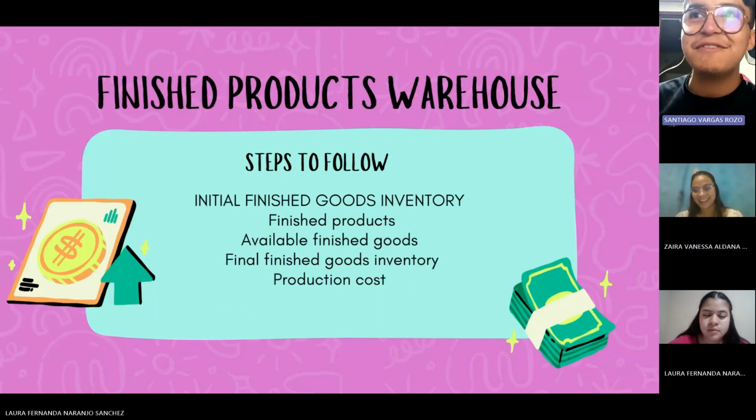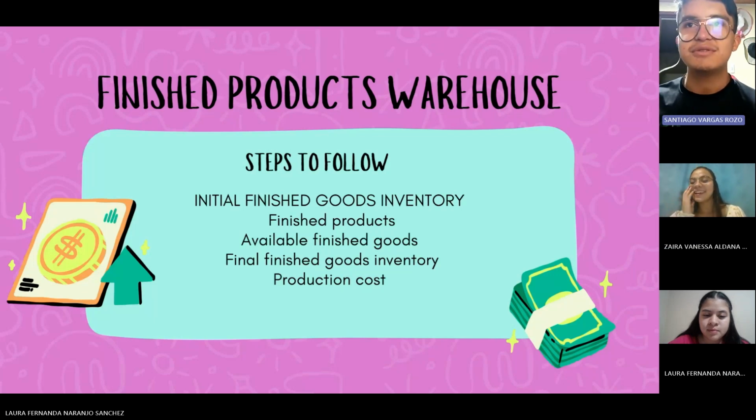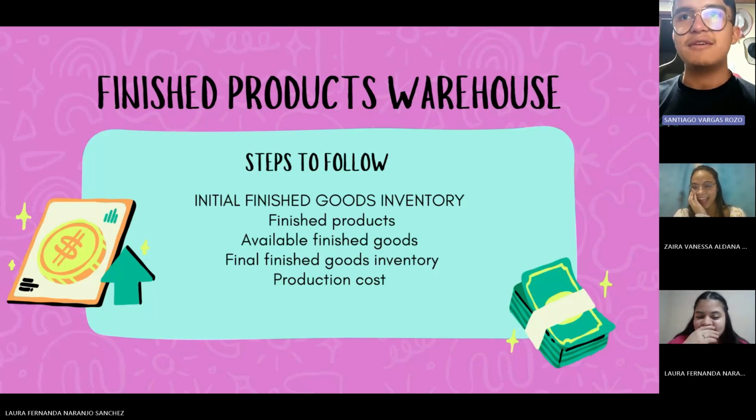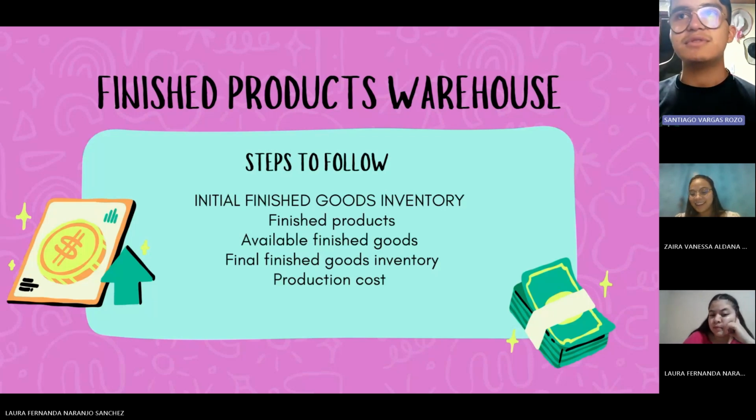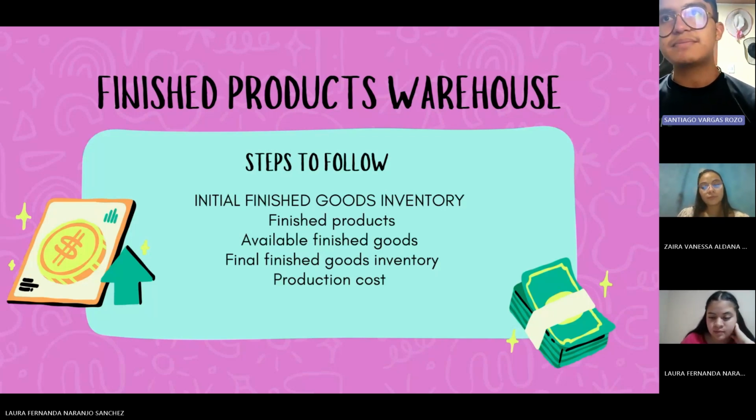Okay, pillar 3, the finished goods warehouse. Finally, we have the finished goods warehouse, which records goods ready for sale. This includes: first, the initial finished goods inventory, what was available at the beginning of the period. Second, finished products, those transferred from the production area.